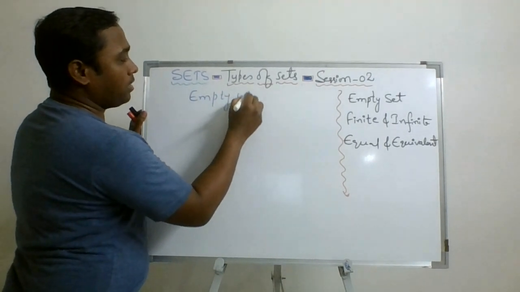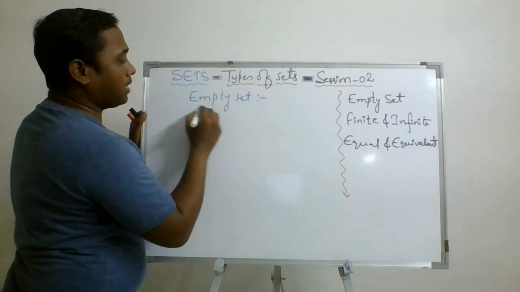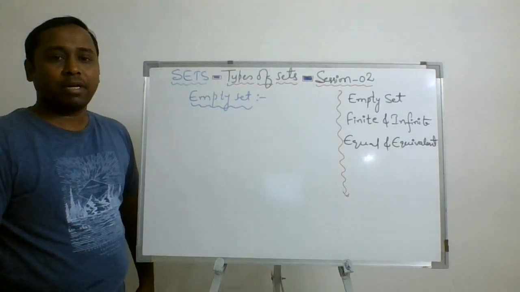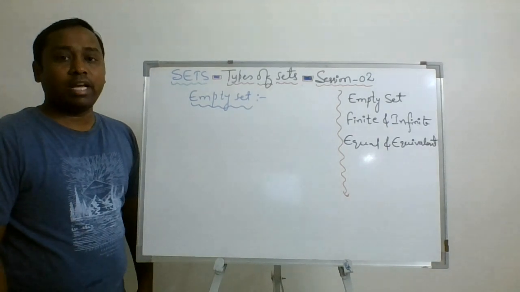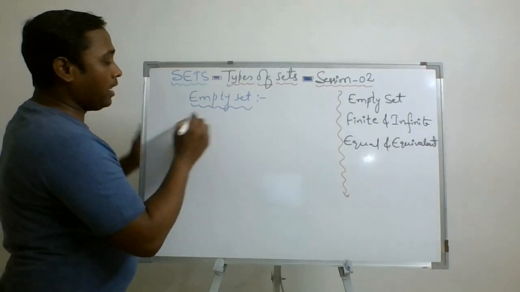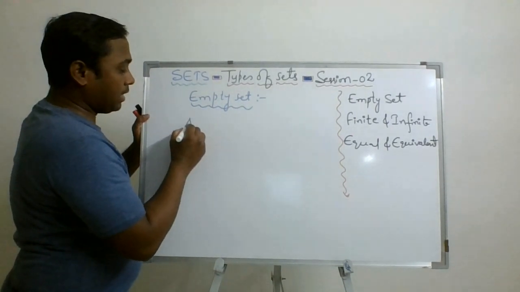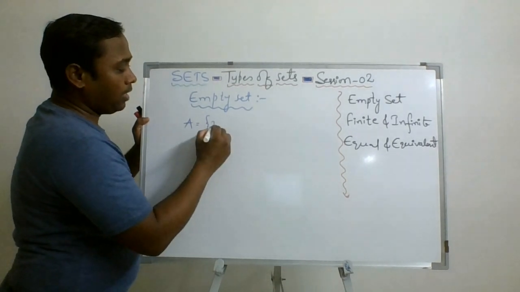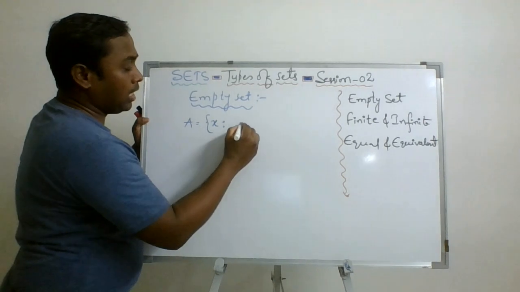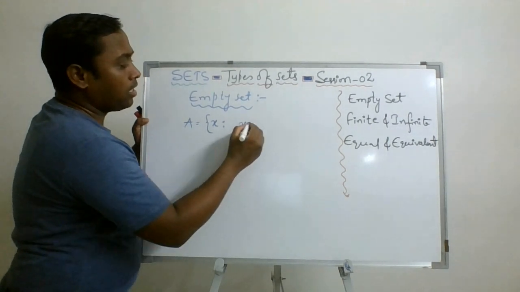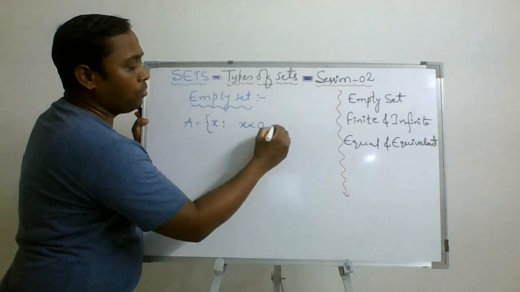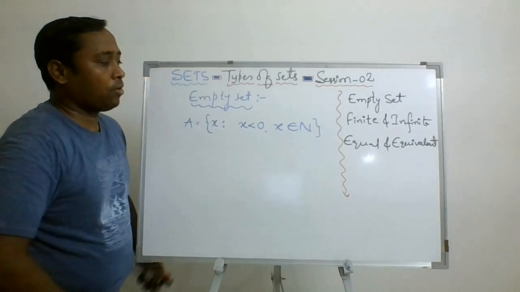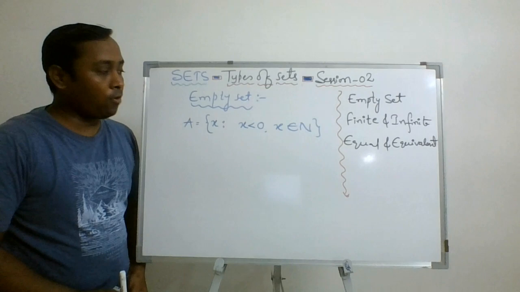You can easily understand empty set by the name itself. It is a set which is completely empty, there is no element in the set. Let us take an example. Set A, I am writing in set builder form: A = {x : x < 0, where x belongs to natural numbers}. Now try to give the answer in roster form.